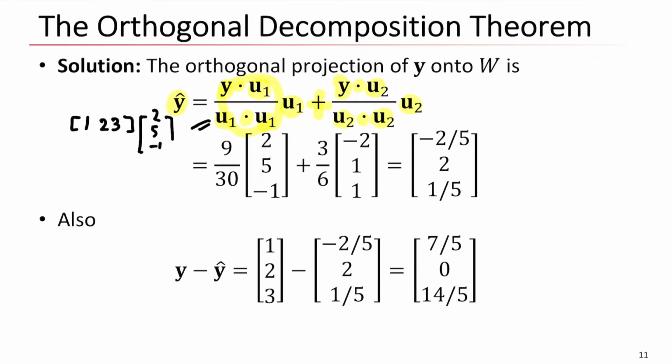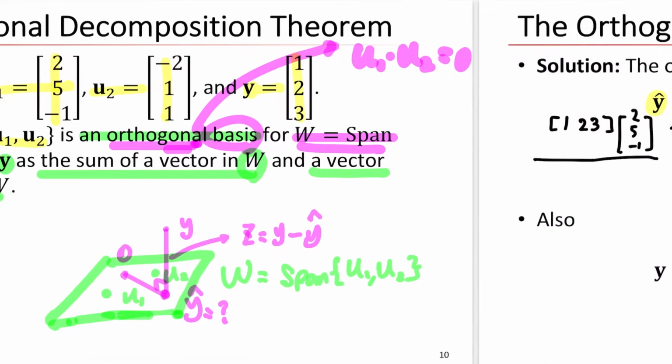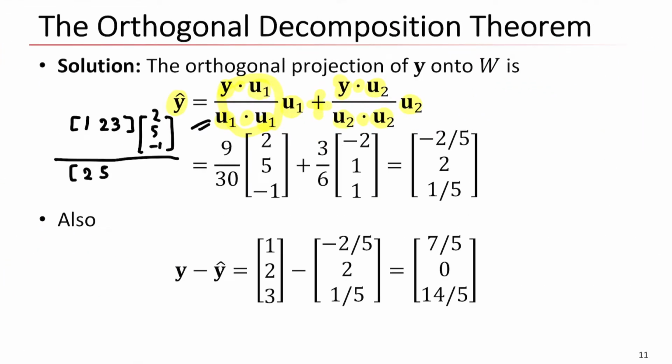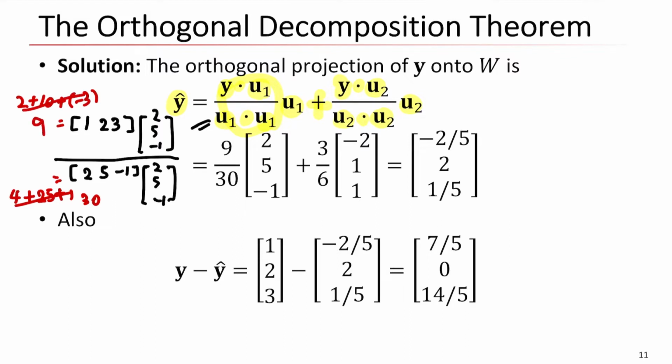The inner product of y and u1 is 2 plus 10 plus negative 3, and the inner product of u1 with itself is 4 plus 25 plus 1. So in this case, this is 30, and this is 30 for the denominator. So here, and u1 here.